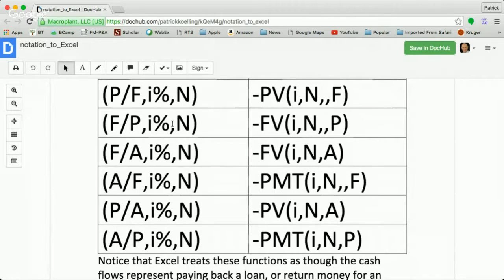We'll stop there. We will introduce A a little bit later. We know now that P is a present amount, F is a future amount. A is called an equivalent uniform annual amount, and we will talk about that in our next video. Make sure that you keep these handy, and at the next video, we'll be using the PV and the FV functions, and we'll use those to solve some problems.